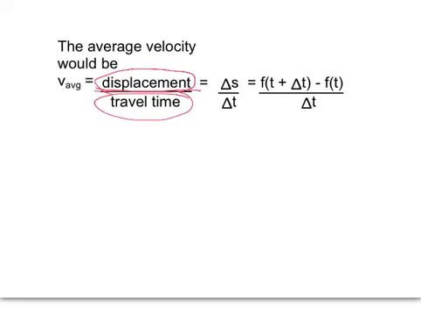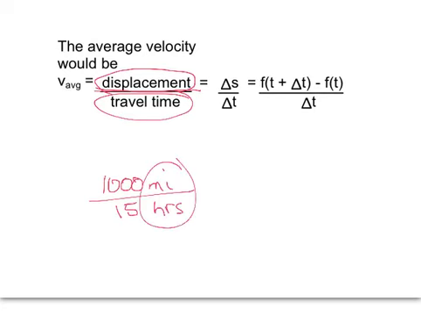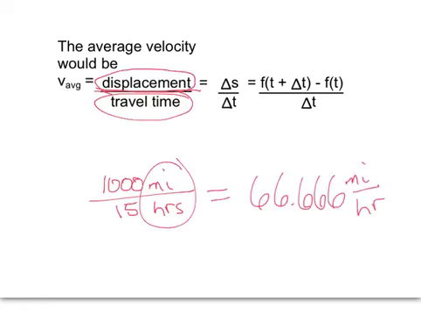So for example, if you're going to drive down to Florida, maybe it's 1,000 miles. So you would have 1,000 miles of displacement in the end between here and Florida, and let's say you do that in 15 hours. So you can see the unit analysis here. We end up with miles per hour. Our average velocity would be 66.666 miles per hour.